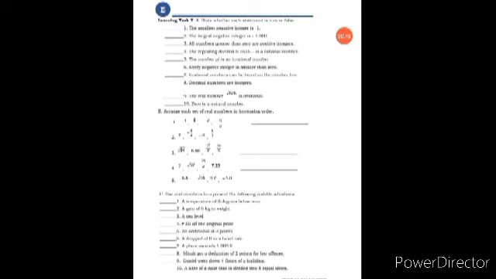So learning task 2, A: state whether each statement is true or false. So you will just write true if it is true, then false if it is false. For number 1, the smallest negative integer is negative 1. Syempre, the answer would be false, kasi mas mababa si negative 2, mas mababa si negative 3.